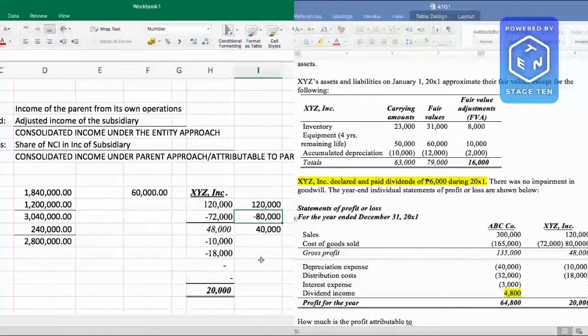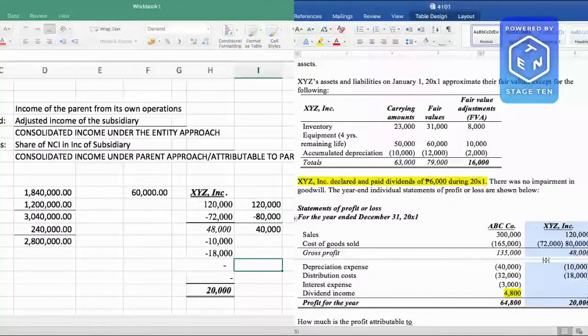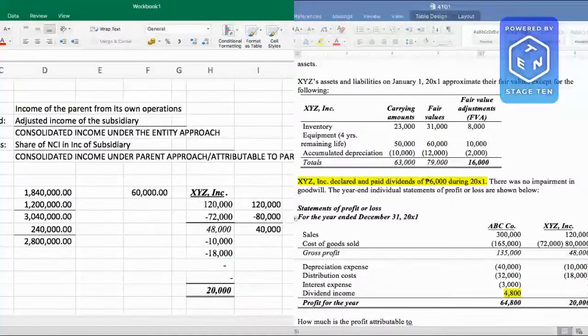Now what else? The 10,000 here represents depreciation expense. I think we miscalculated the amortization earlier, class. Okay. The depreciation expense reported by the subsidiary is 10,000.